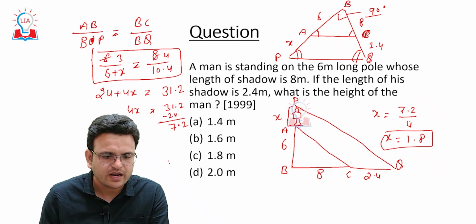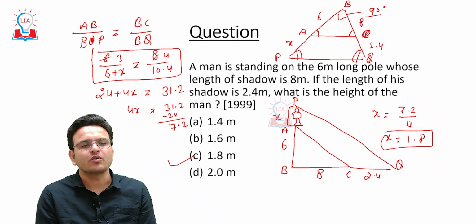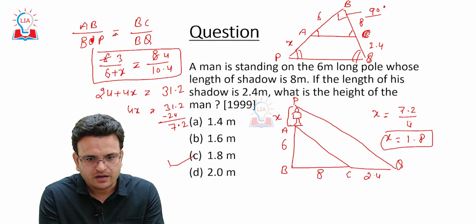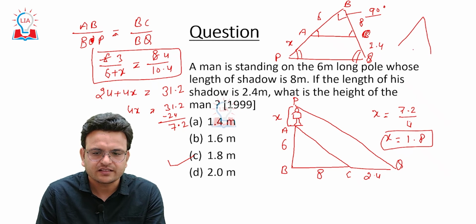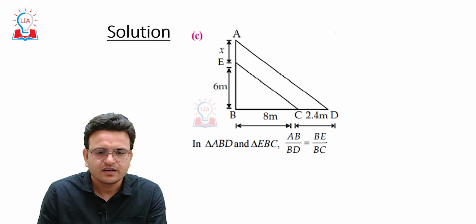So hope you are able to understand this particular question. The only thing is you have to know some basics of the triangle, like basics in the sense like this is the triangle, this is the triangle.